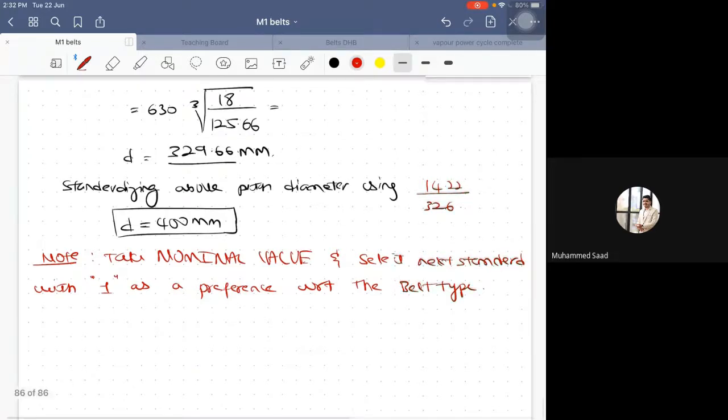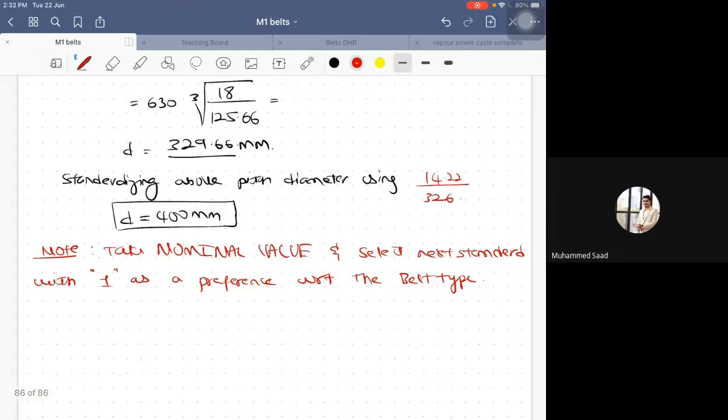Okay. Next, the fourth one. Pitch diameter of the driven pulley.